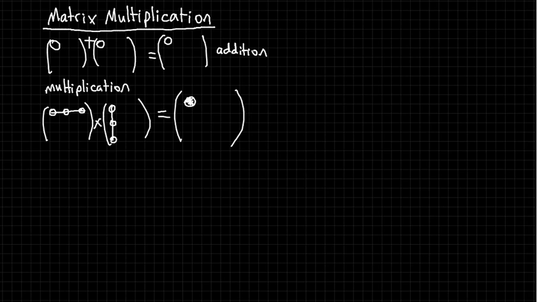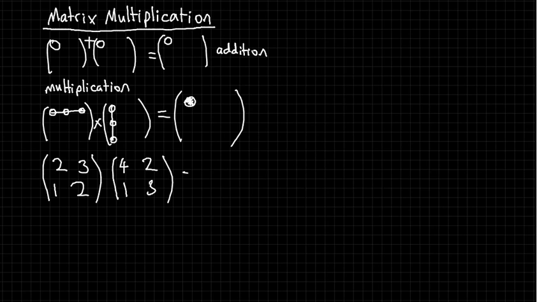So let's choose two matrices. So let's go 2, 3, 1, 2, which is the matrix for the slope of the lines that we had from before, and we want to multiply that by this matrix here, 4, 2, 1, 3. Okay, so what we're going to do is look along this row here, and multiply each entry down this column here.